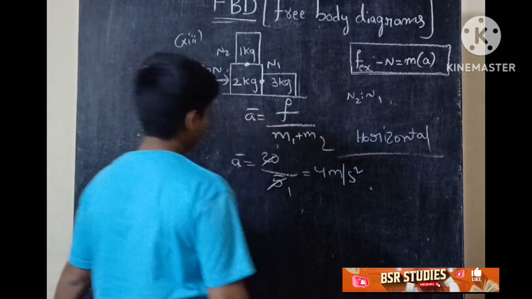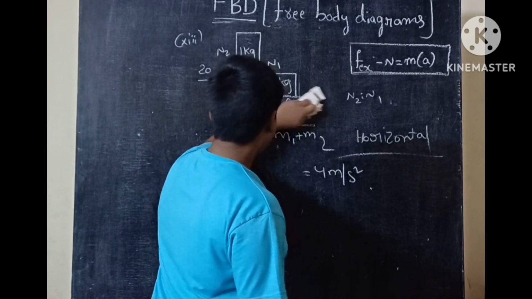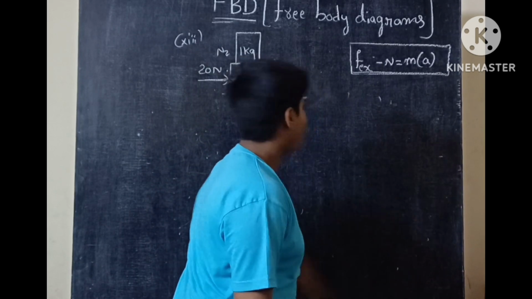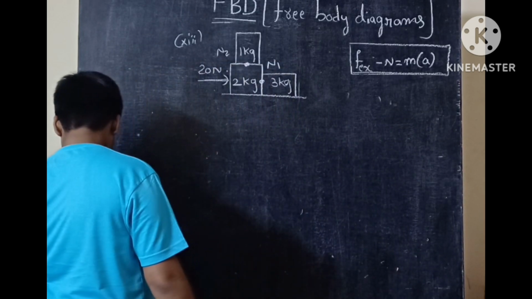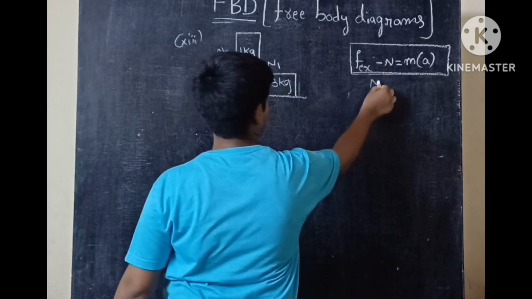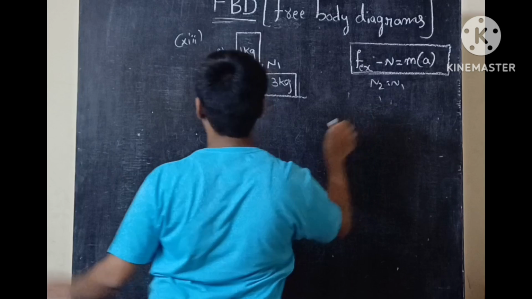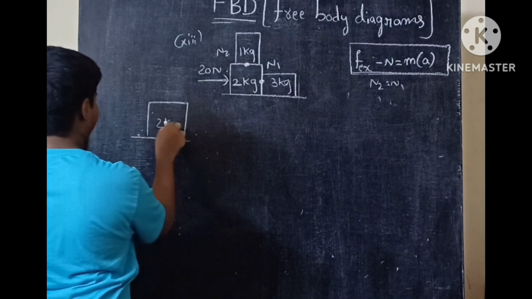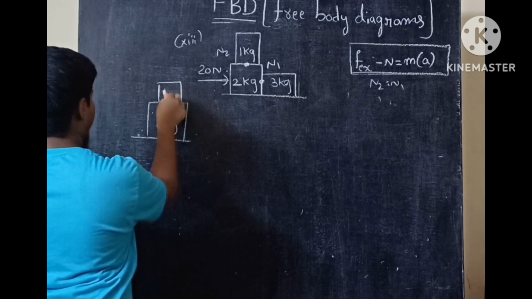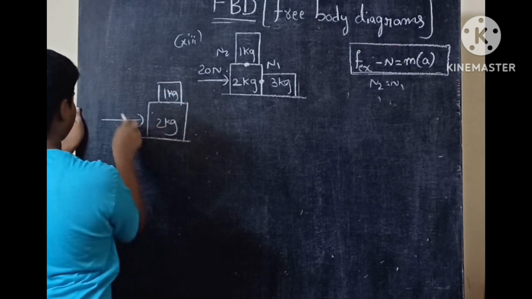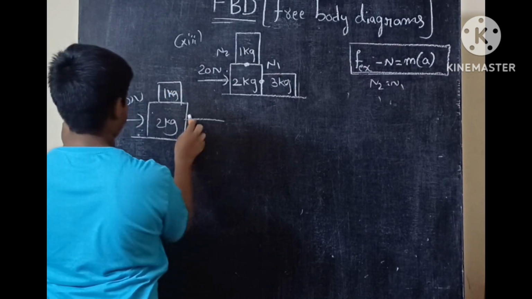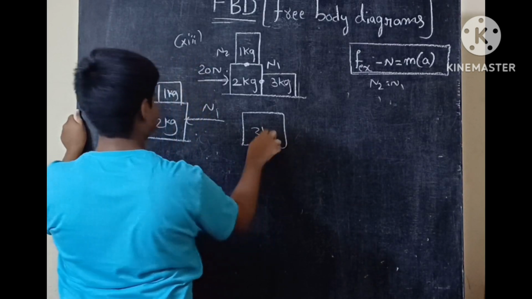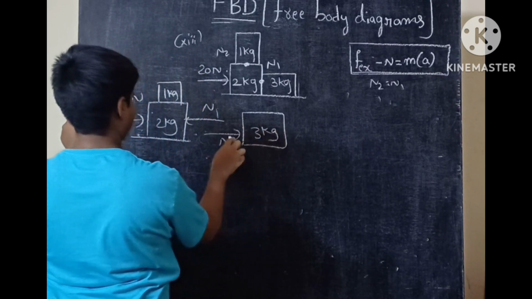Okay. So for writing the FBD equations, first isolate the body. First, I am isolating this body: 2 kg, towards this 20 newtons, towards this N1. 3 kg, towards this N1.